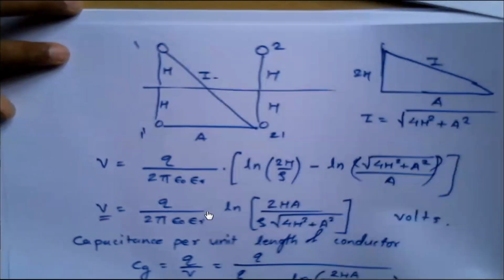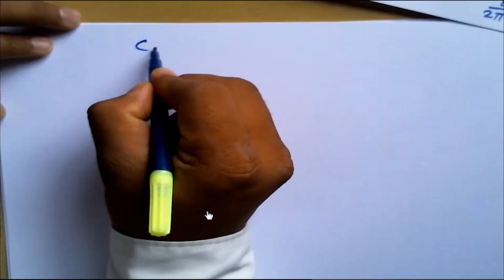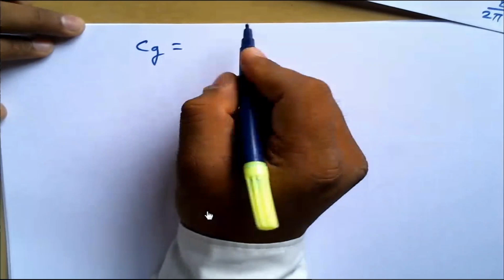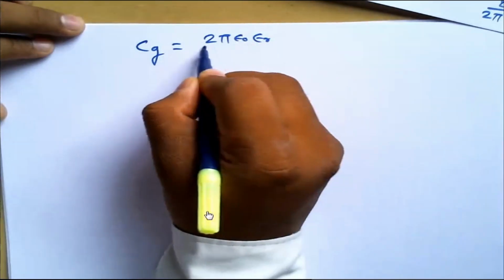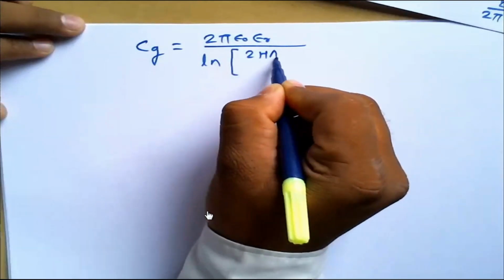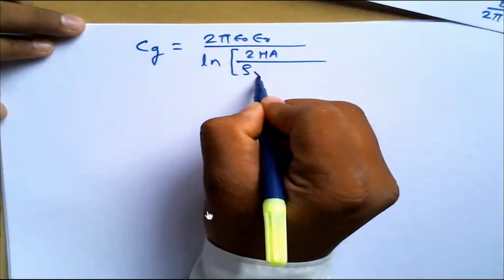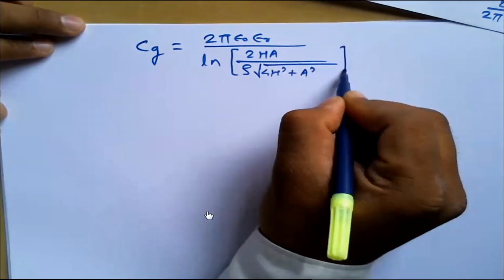So what is Cg from this equation? Cg will be 2 pi epsilon 0 epsilon R divided by ln of 2hA upon rho in bracket 4h square plus A square.